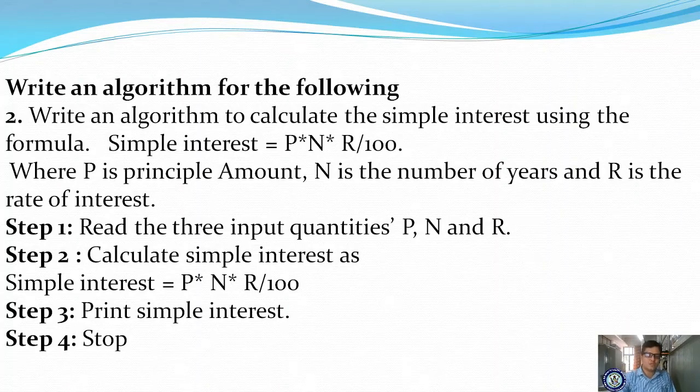The processed information is stored in P into N into R by 100, so it will be stored in your simple interest. Right? In step 3, I am printing simple interest. Whatever the final value is, it is stored in simple interest, and you print that value. In step 4 you stop.